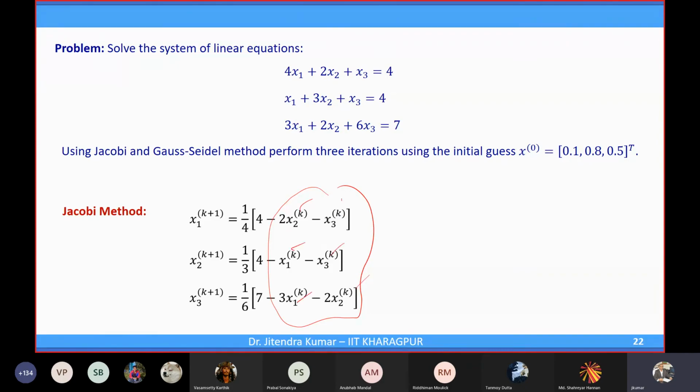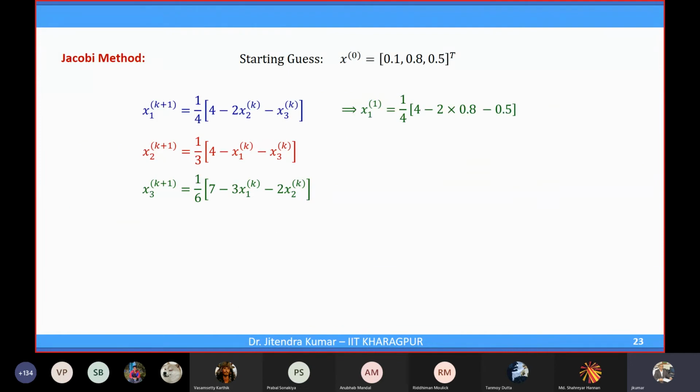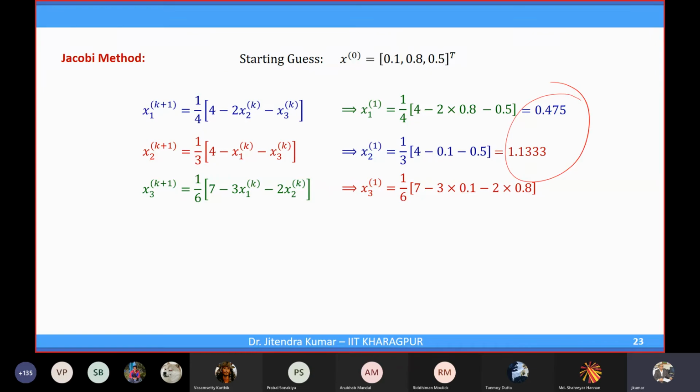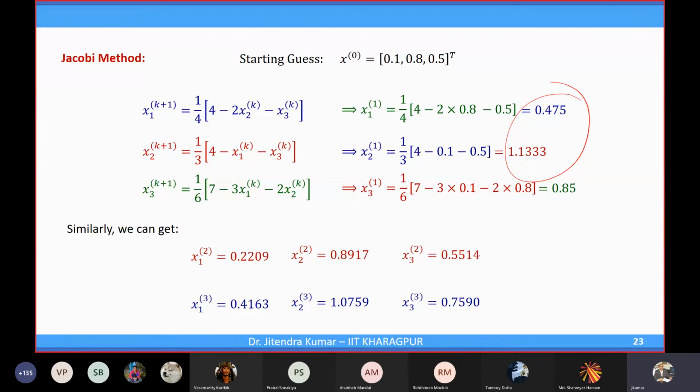That means we'll be using this initial guess and we'll compute the first iteration. These are the first iteration values we have computed. Then these values will be used for the second iteration and for the third iteration. That's a matter of computation, but I don't think there should be any confusion in this.